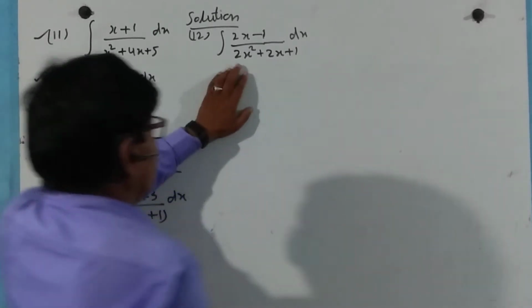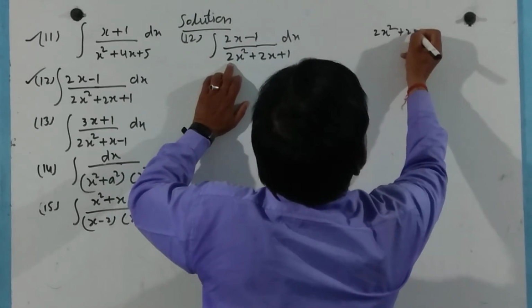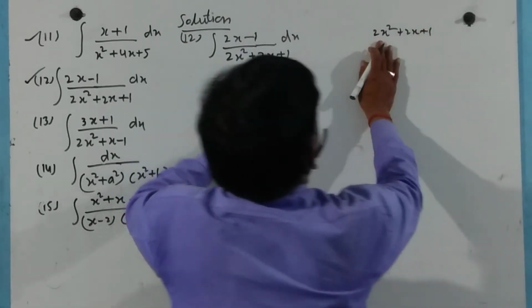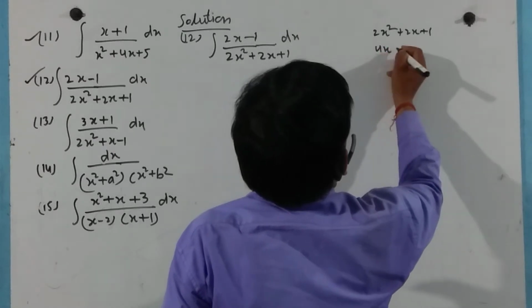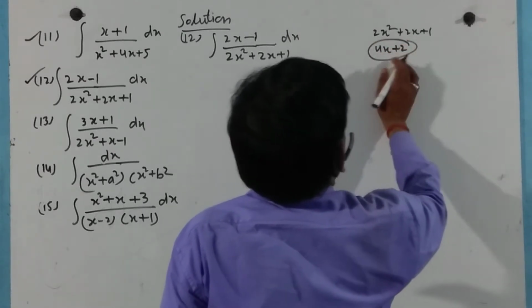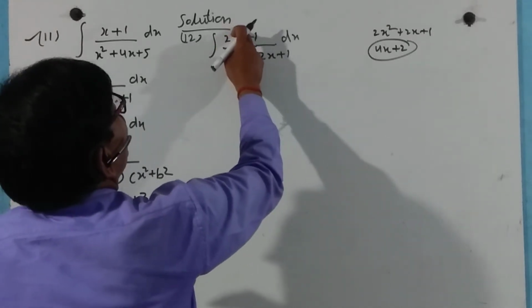As you know, here in the denominator 2x² + 2x + 1, differentiating it gives 4x + 2, so such terms come here in the numerator.